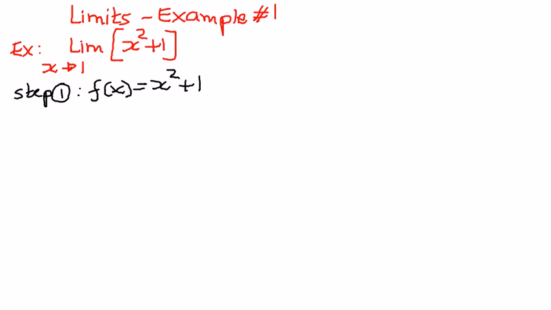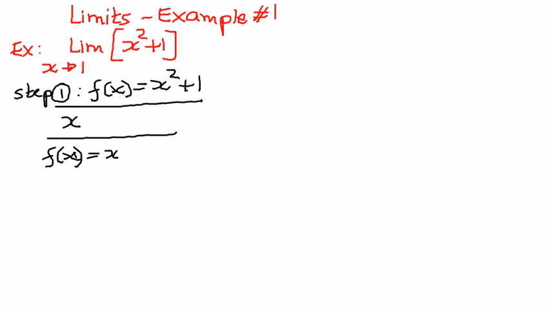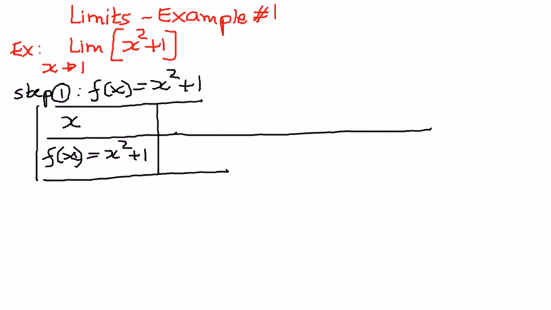So if I were to construct the table of values like this, x on the first row and then f of x in the second row, and then in here we're going to substitute the values of x as we go. Let me extend this table here.